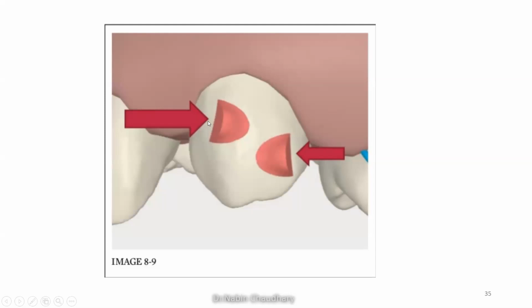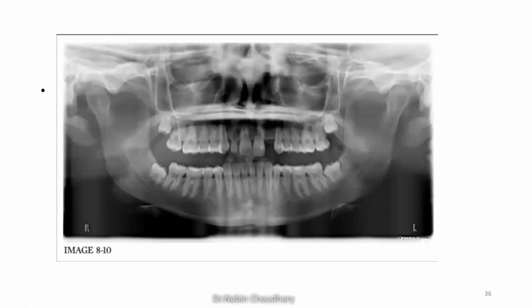However, this is not a pure couple, because the force that is applied on the gingival aspect is more than the force that is applied on the distal aspect of the attachment. So since the forces are not equal, it is not a pure couple, but it will help us to move the tooth bodily. So the canine has been pushed distally bodily, and the implant placement space has been created.